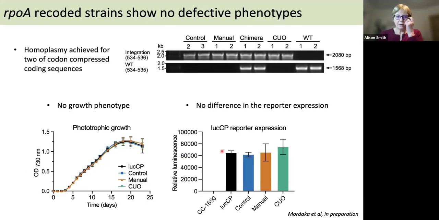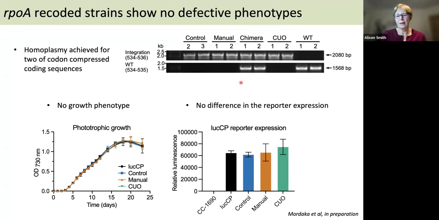And what he was able to do was to get homoplasmy for 2 of those 3 designs. So the manual one, he could show integration and no presence of the wild type by using PCR. And also for the CUO design, but not for the Chimera.